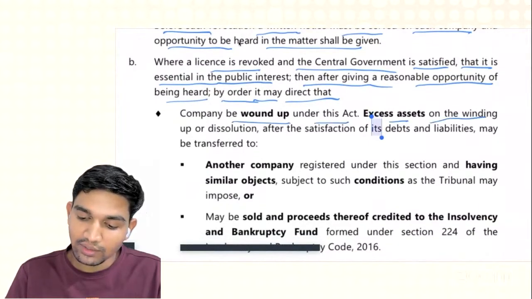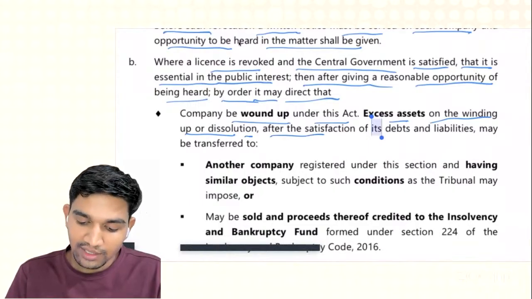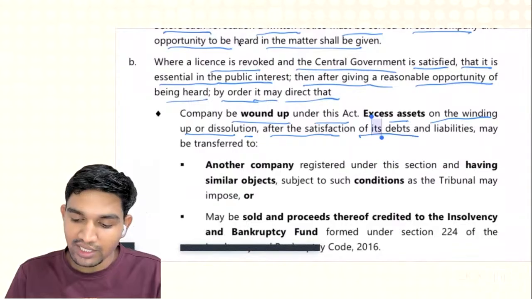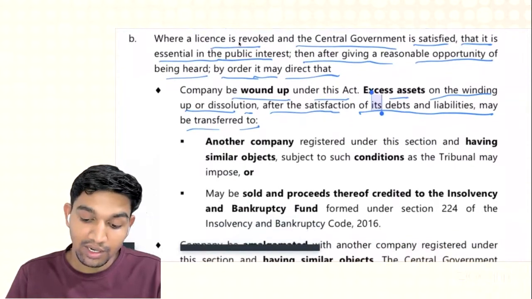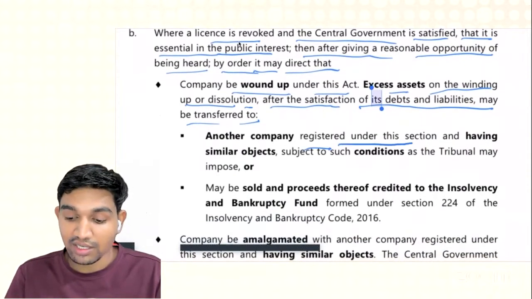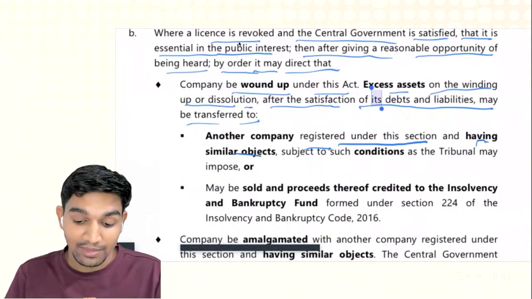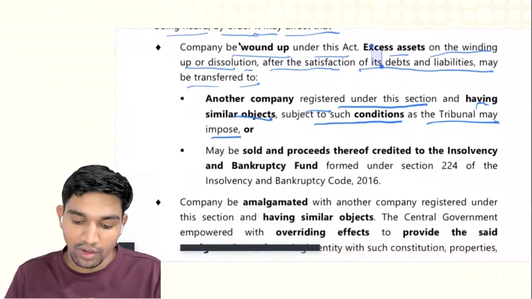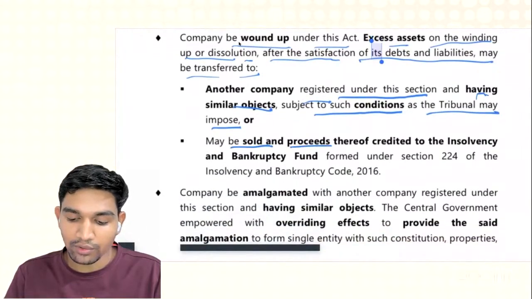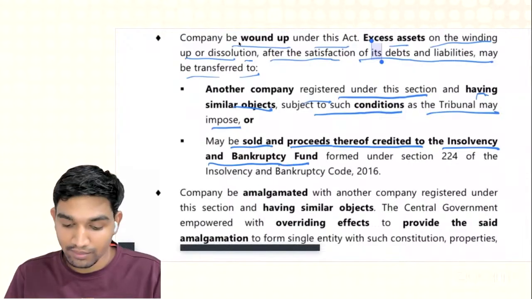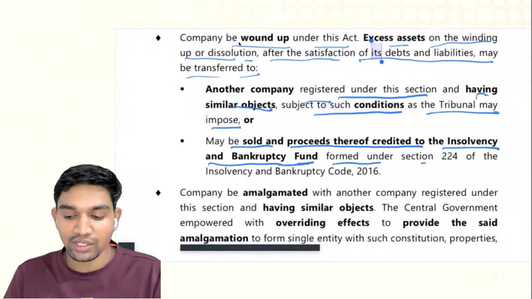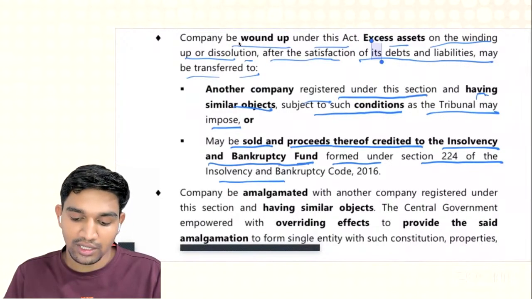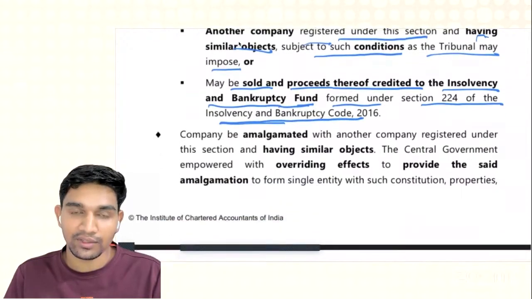Excess assets on the winding up or dissolution, after the satisfaction of its debts or liabilities, may be transferred to another company registered under this section and having similar objects, subject to such conditions as the tribunal may impose, or may be sold and proceeds thereof credited to the Insolvency and Bankruptcy Fund formed under Section 224 of the Insolvency and Bankruptcy Code, 2016.